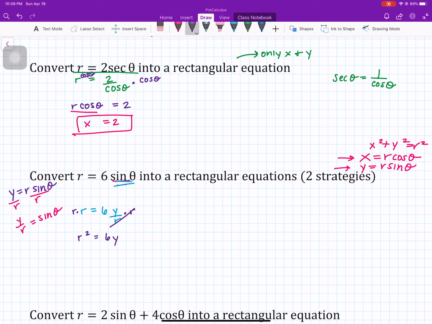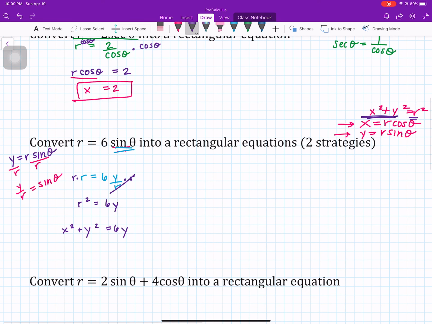Now, you still have an r, so you're not finished. But notice r squared is x squared plus y squared. So now you have all x's and y's. And then from here, you need to remember your conics.